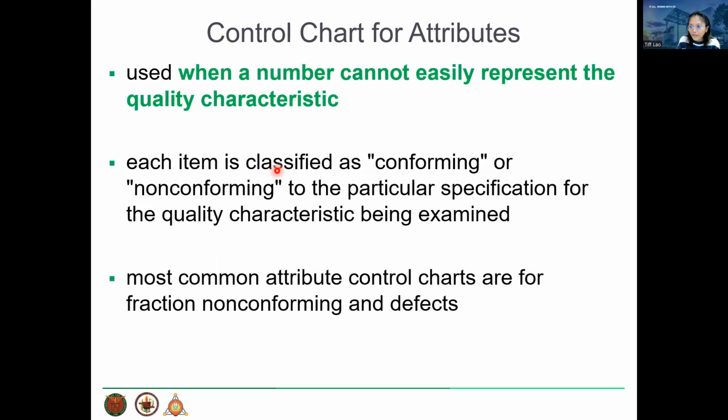Yung control chart for attributes naman, gagamitin mo to kapag yung data mo is not numeric. So basically, for example, pass or fail ba siya, conforming or non-conforming, ganon. But you can also use 1 for conforming, 0 for non-conforming. Parang ganon. Gets ba?